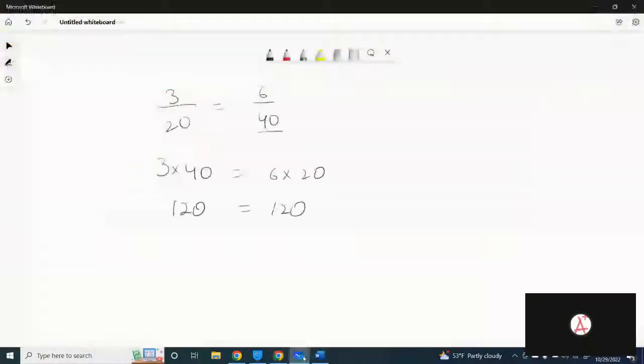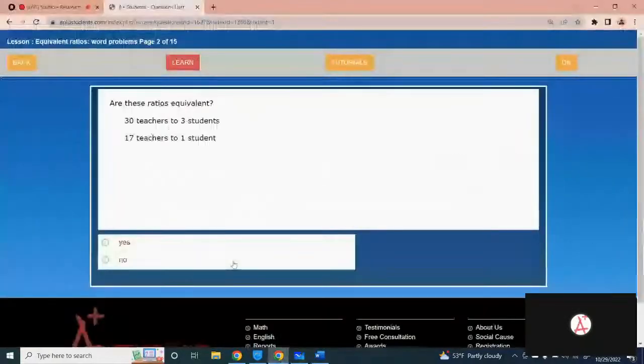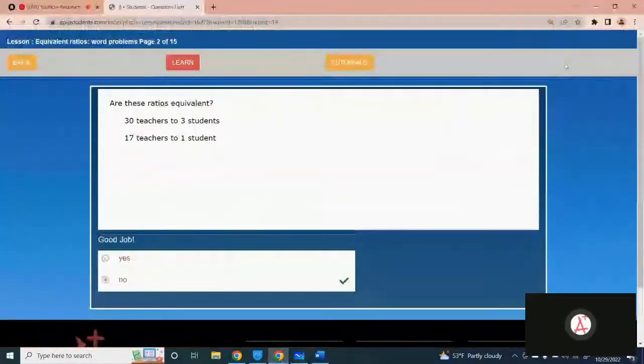Let's do cross multiplication: 30 times 1 and 17 times 3. 30 times 1 is 30 and 17 times 3 is 51. They are not equal. That means the answer is no, the ratios are not equivalent. Just select the correct option and click on the OK button.